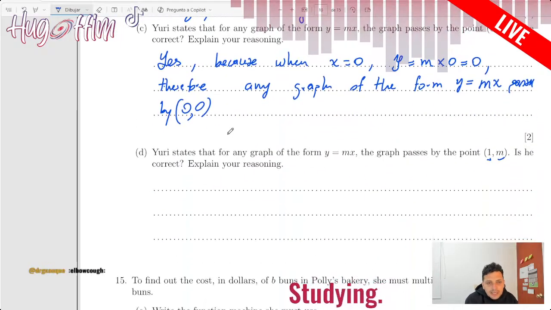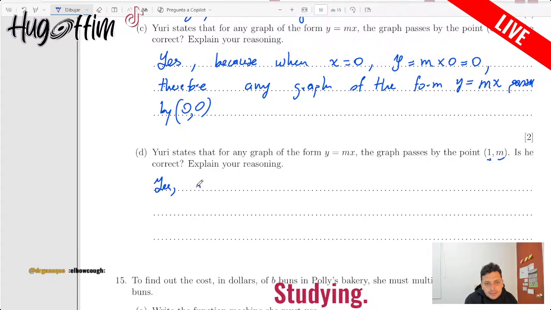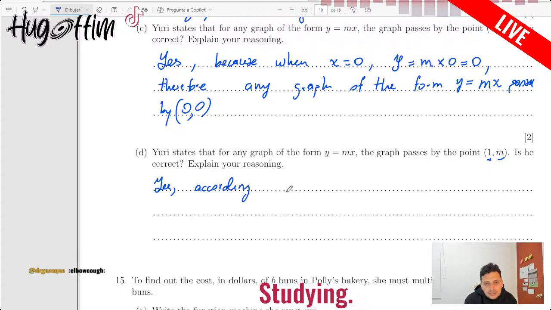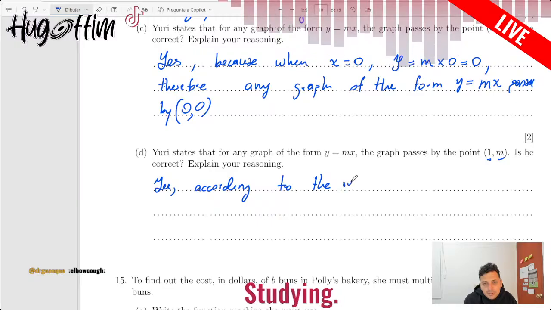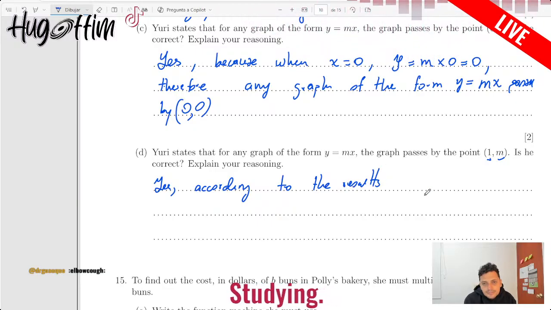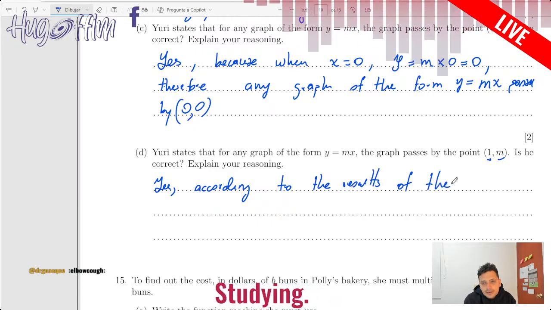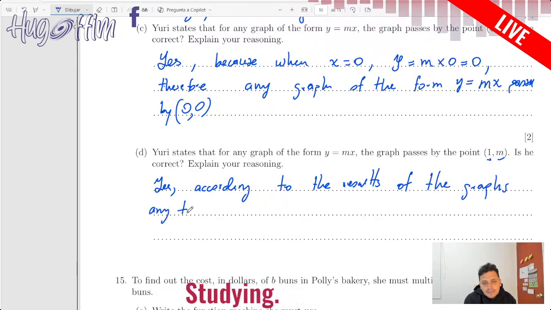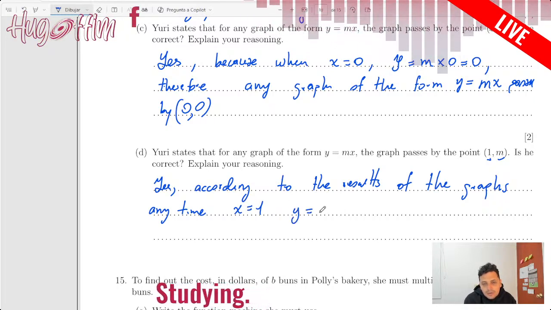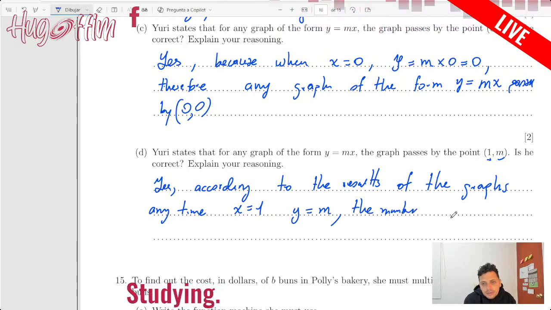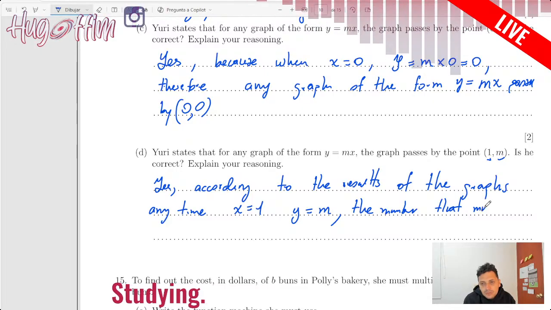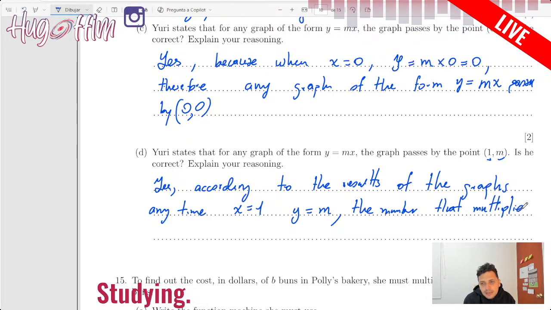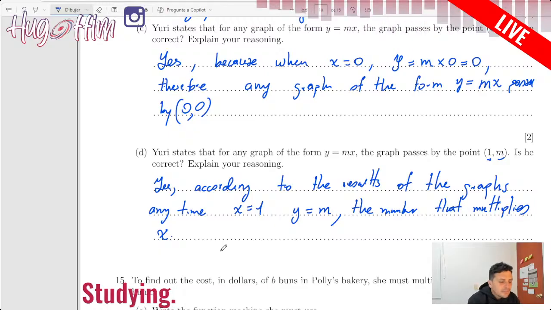You can also say yes, according to the results of the graphs, anytime x equals 1, y equals m, the number that multiplies x. You see? Done.